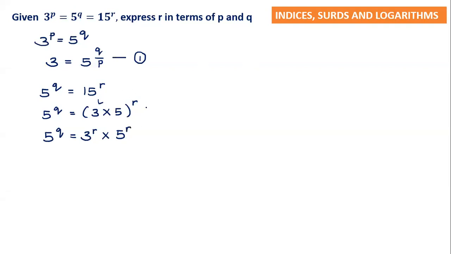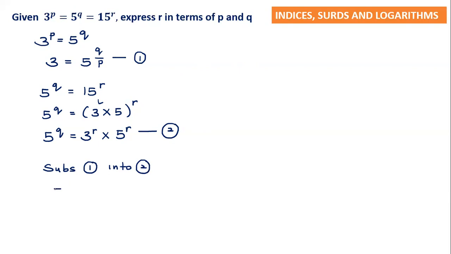Okay. So now let's say I put this as one, this as my second equation. Got it? So now what I'm going to do, I'm going to substitute 1 into 2. So that means you're going to take this first equation and substitute it inside equation 2.